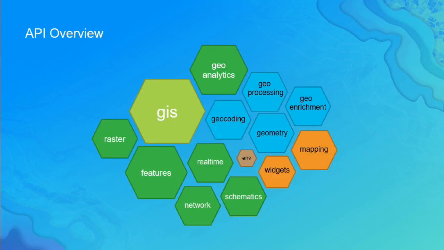This is an API overview, a module diagram of this API. You always start with the GIS module in the light green color here. That's the entry point, and you use the GIS module and its sub-modules to manage your GIS. There are also sub-modules to administer and manage the servers in your GIS. The modules in green, like raster and feature, work with spatial data of a particular kind.